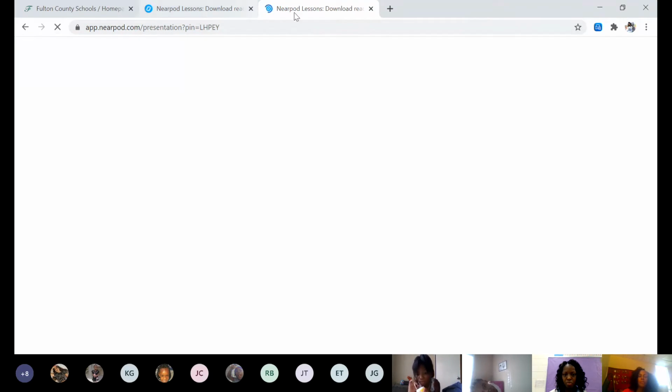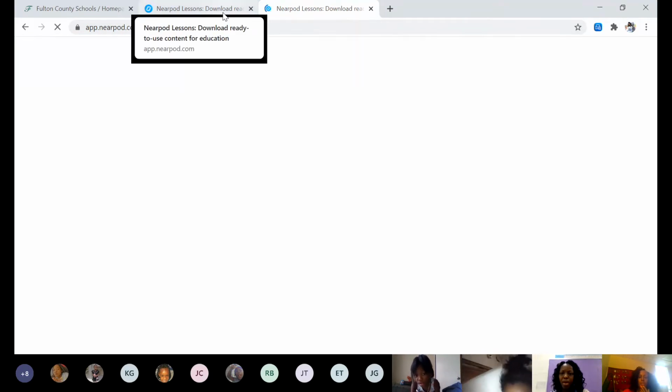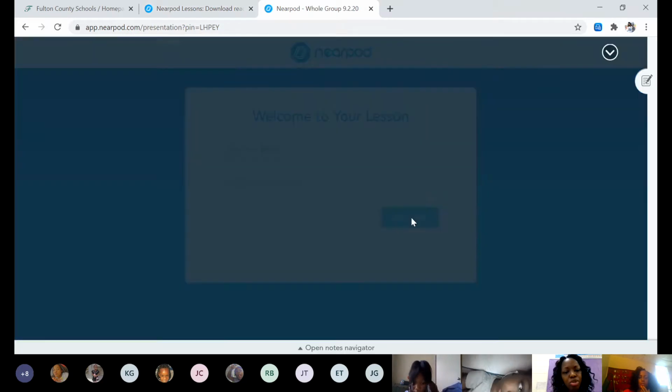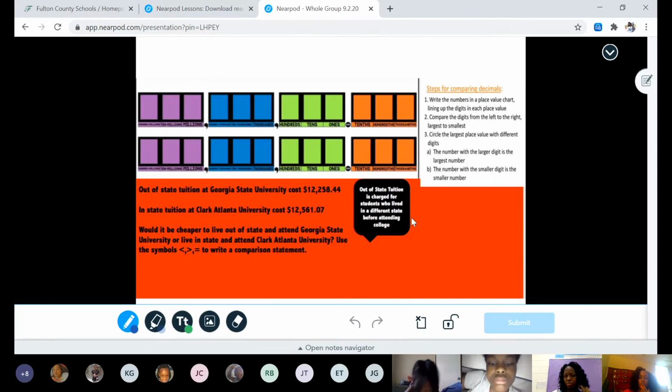Ms. Reese, do you want to go back through our instructions one more time? Sure. For our place value chart with our comparing decimals. Okay. So again, remember we have 2 place value charts. We're going to write our digits in the correct places on those place value charts so that we can compare them, okay?